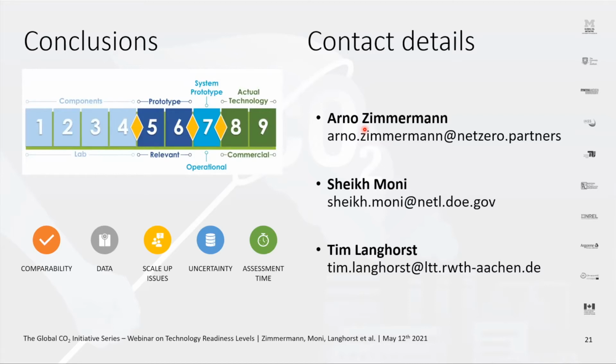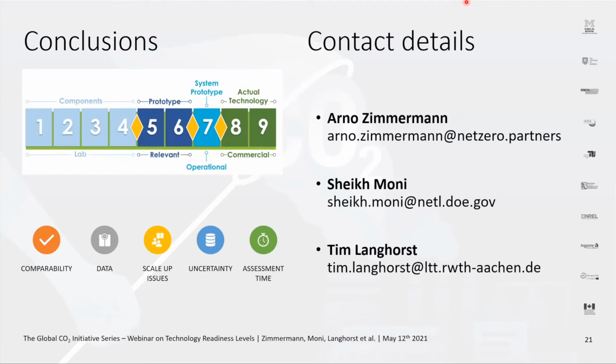With that, we have identified some of the challenges to performing TEA and LCA at low TRL level. This is ongoing work, and we want to get feedback from the audience: what other challenges do you face, or can you think of, when trying to perform TEA and LCA at low technology level?